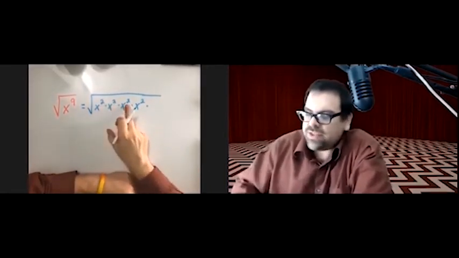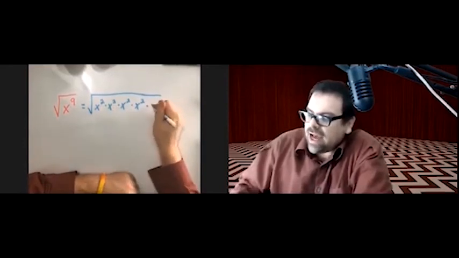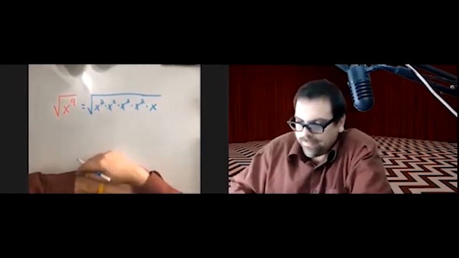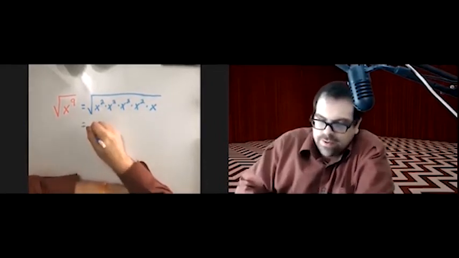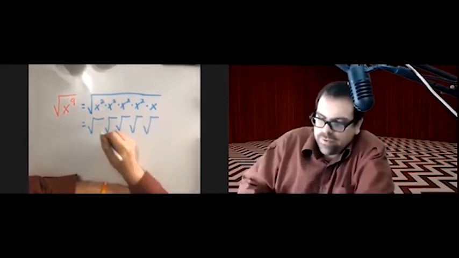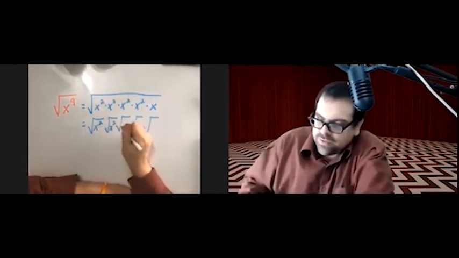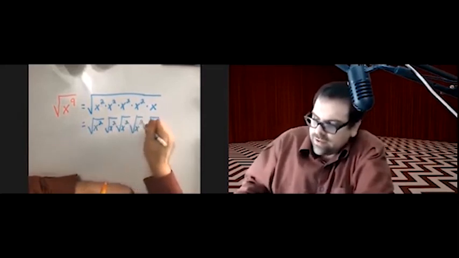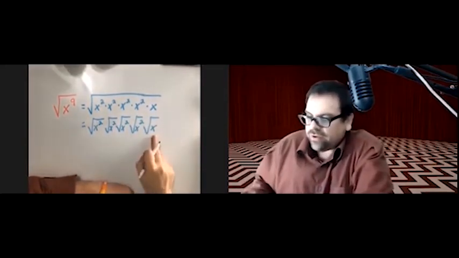So 2, 4, 6, 8. To get 9, we would need one more. And then if we split it, we'd have a bunch of square roots of x squareds and then one leftover x.